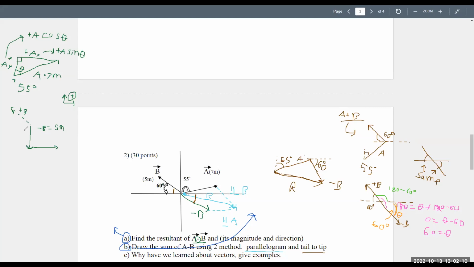I'm just going to make this be. Right, and now see how this one's going down against our negative, so this one's negative BY, and this one is still in the positive direction, so it's still positive. This one's going up, this one's going this way.